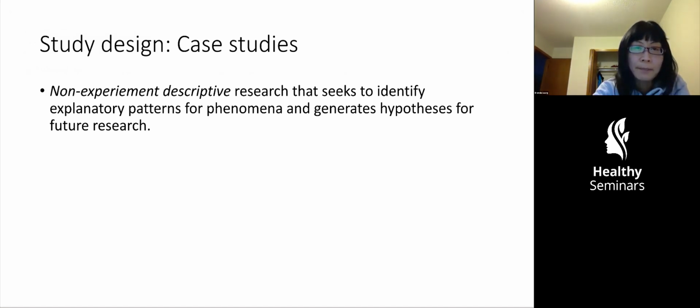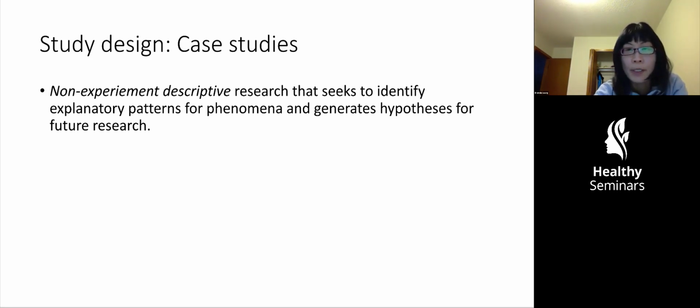Now, with the case study, sometimes it's been used interchangeably with case report. And to me, a case study requires pre-planning. So it's pre-planned observation of your patient, of an individual, or it could be a group of patients. And it is to systematically document the process of clinical care.